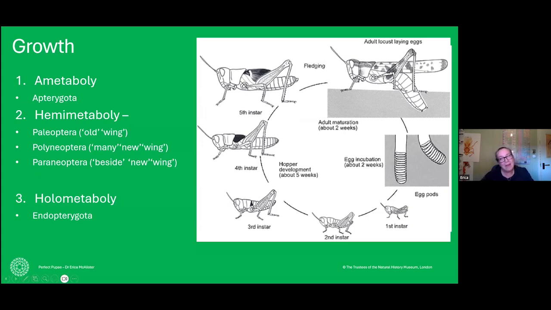But then the big hitters come in, and these represent 80% of described animals on the planet. They are holometabolous. They go through a complete metamorphosis. I was being interviewed by someone on BBC today, and they were talking about these alien creatures that are insects, which made me giggle, considering most animals are insects.